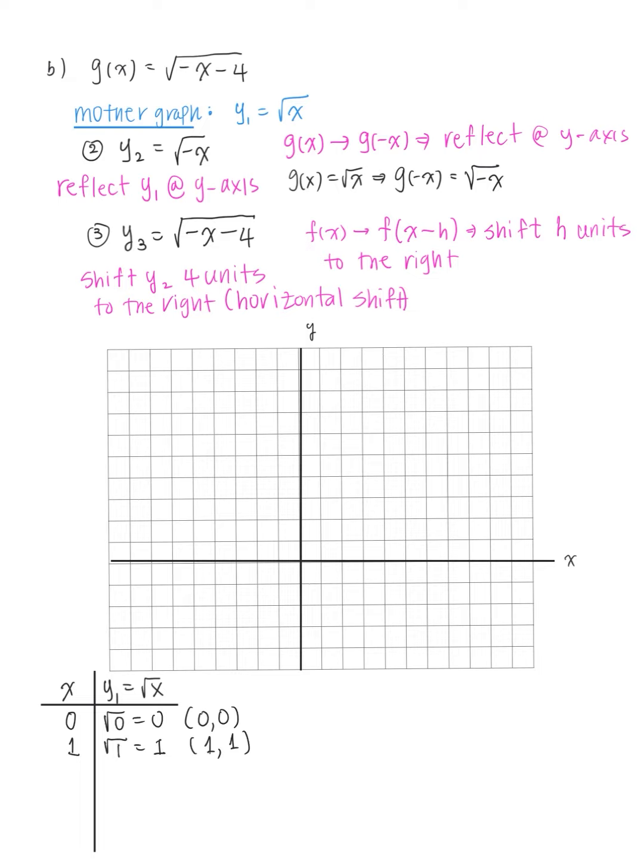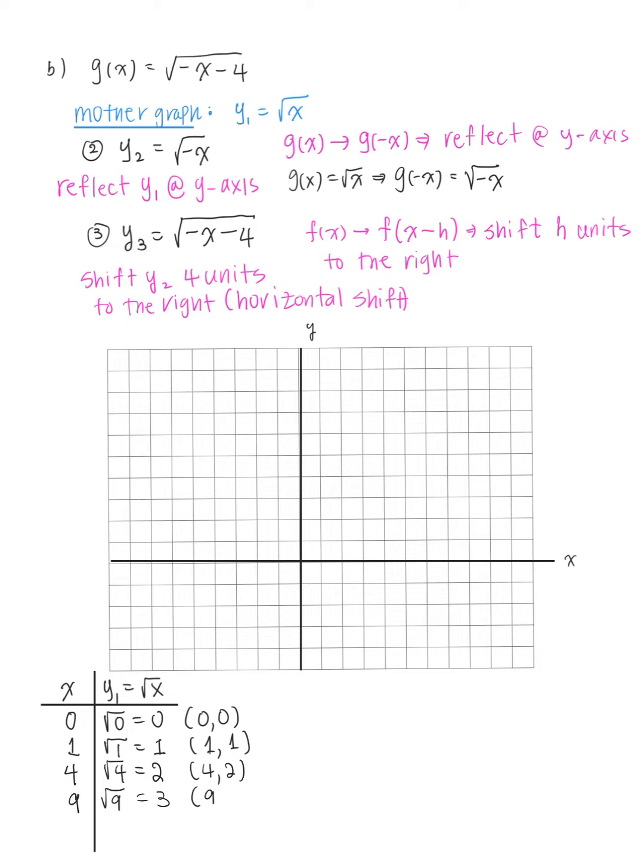All right. And next, if I choose x equals 2, square root of 2, we're going to get some decimal value. Square root of 3 also, but what about 4? When x is 4, do you see that the square root of 4 is going to come out nicely, which is 2. So we're going to be plotting 4, 2. And the next number should be 9 because square root of 9 gives us 3.